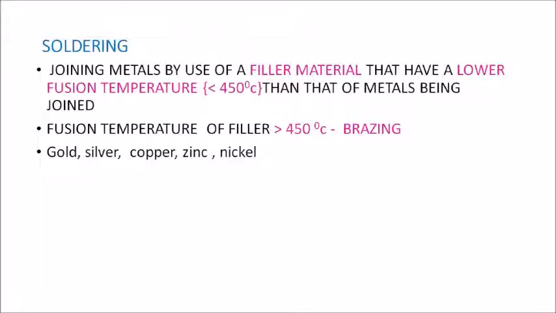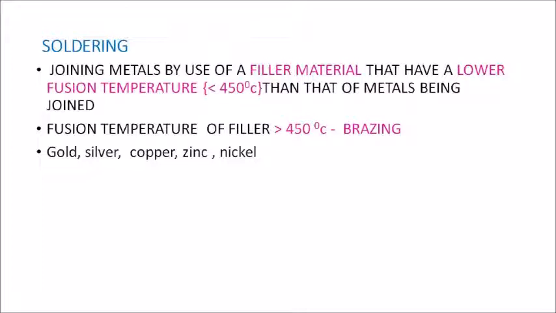So soldering is joining metals by using a filler material which has a lower fusion temperature than that of the metals being joined, and the fusion temperature of the filler material will always be less than 450 degrees Celsius. What if the fusion temperature of the filler material is more than 450 degrees Celsius? Then the process is termed brazing.